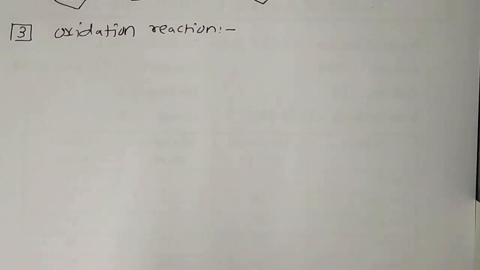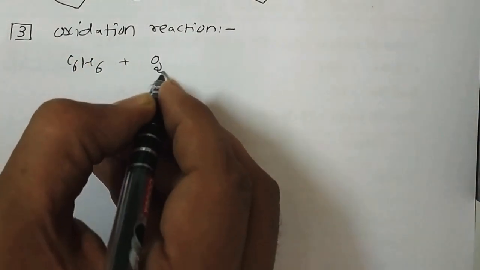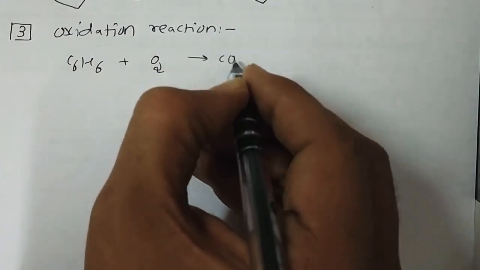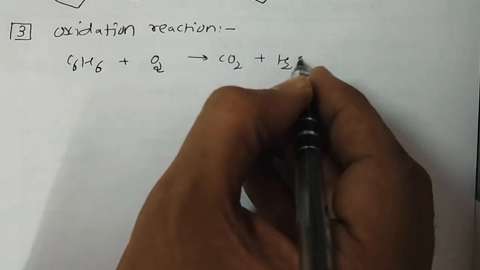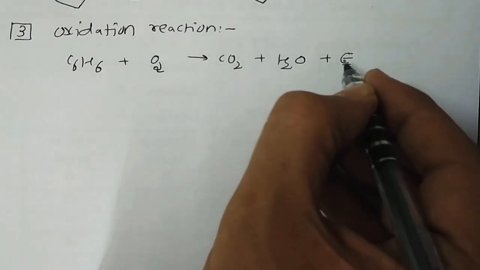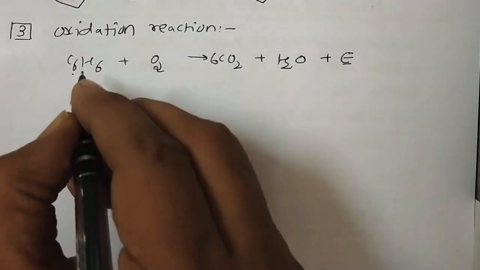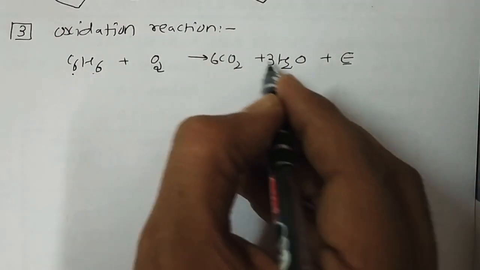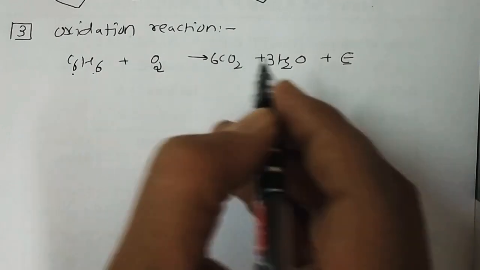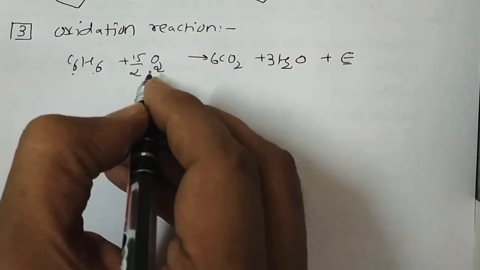But when benzene is heated in air, it is converted into carbon dioxide and water, and lots of energy is released because it is an exothermic reaction. How to balance it? 6 carbon, 6 hydrogen; 3 twos are 6, 6 twos are 12, plus 3 is 15. So either you write 15 by 2 or 7.5 twos are 15.